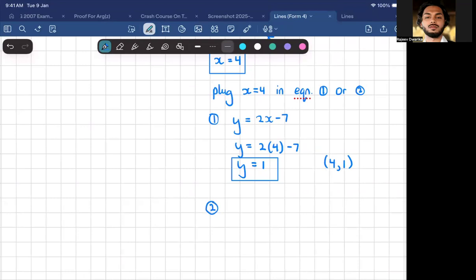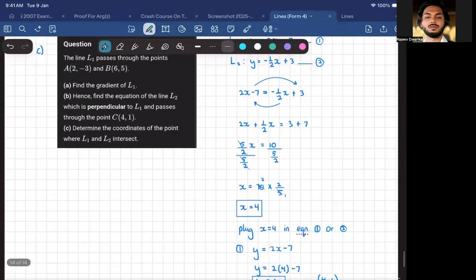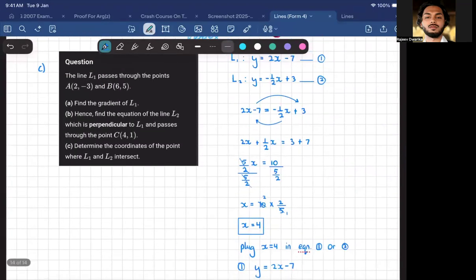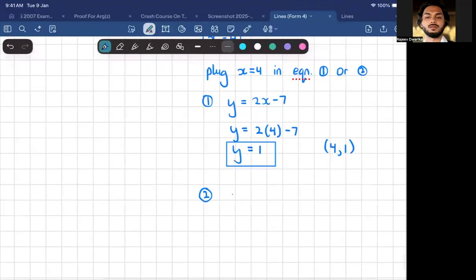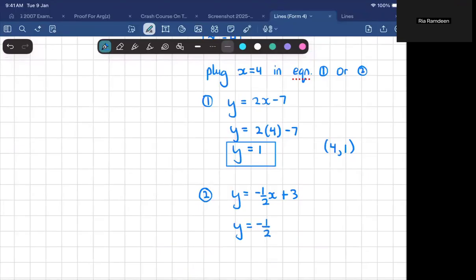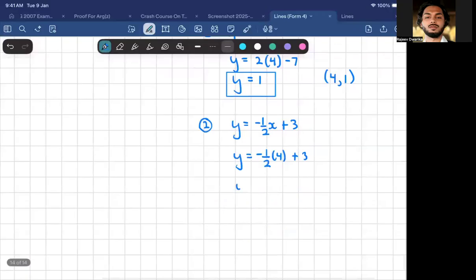Would I get the same y value? Let me see. The second equation is y is equal to minus a half x plus 3. What is x? 4. What is minus a half times 4? Let me show you an easy way to work this out.